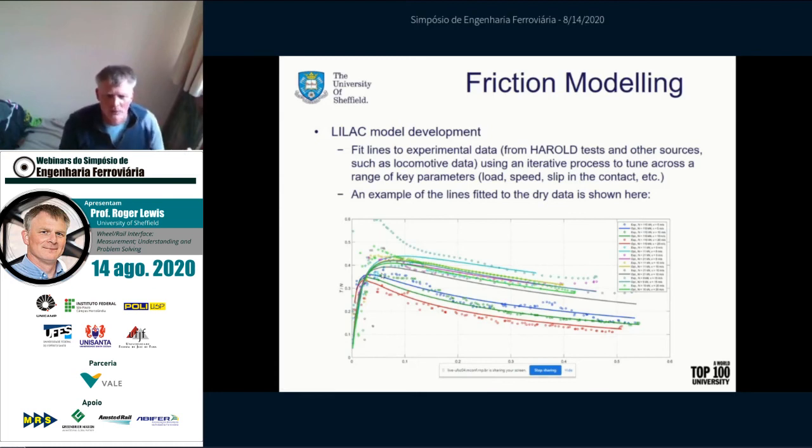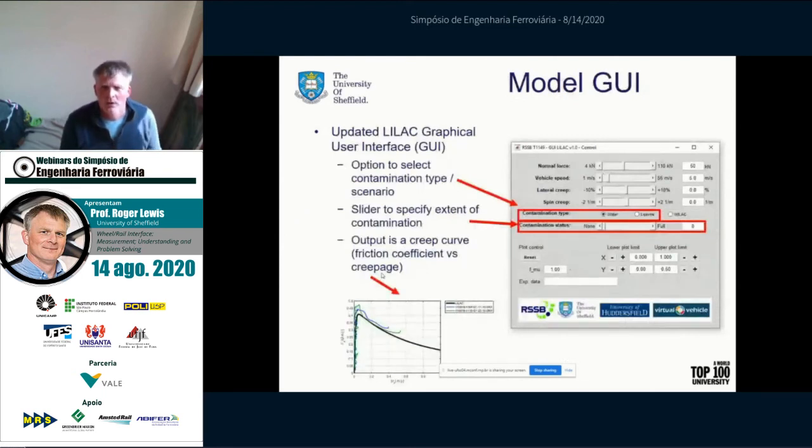What this allowed us to do was to build a tool, and you can see the graphical user interface here, that allows us now to set wheel-rail interface conditions, vehicle speeds and creepage conditions, and we can select contaminant types. We've looked at other contaminants as well, and the amount of contaminant, and the output of the model is creep curves, as you can see here.